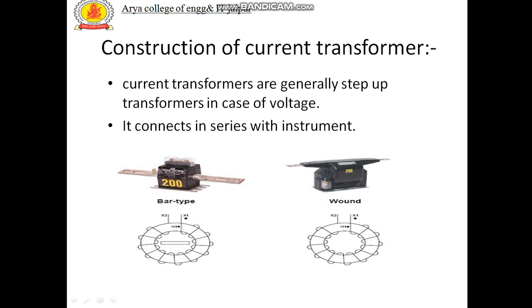Now the construction of the current transformer. As we know, current transformers are generally step up transformers in case of the voltage. We can classify them into two categories, bar type and wound type.